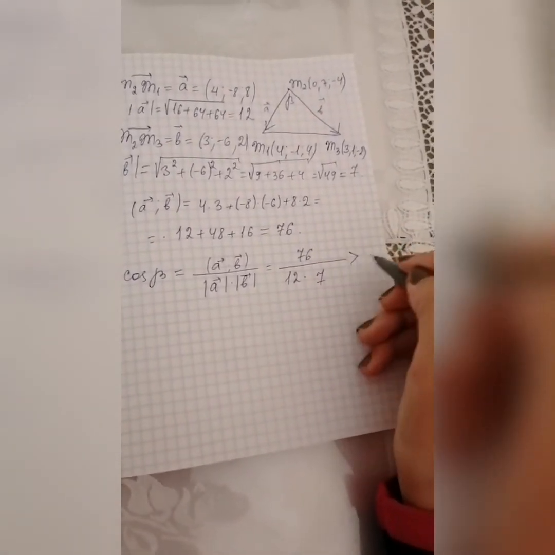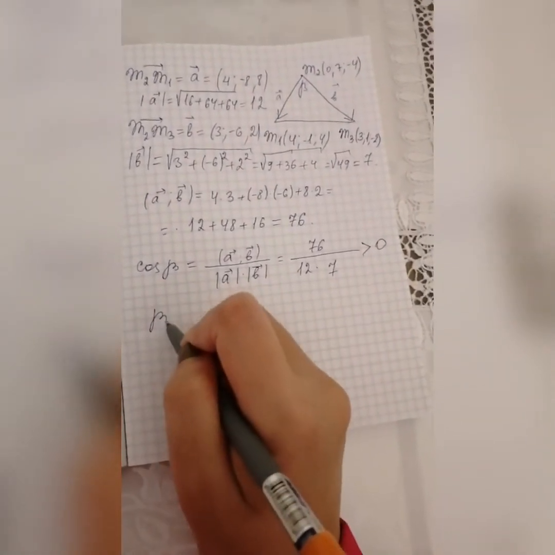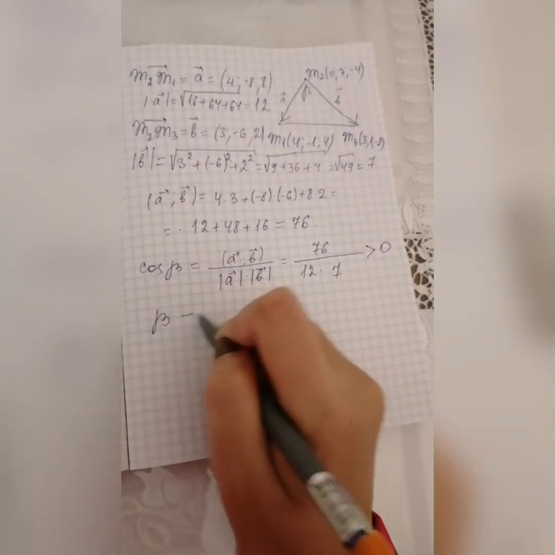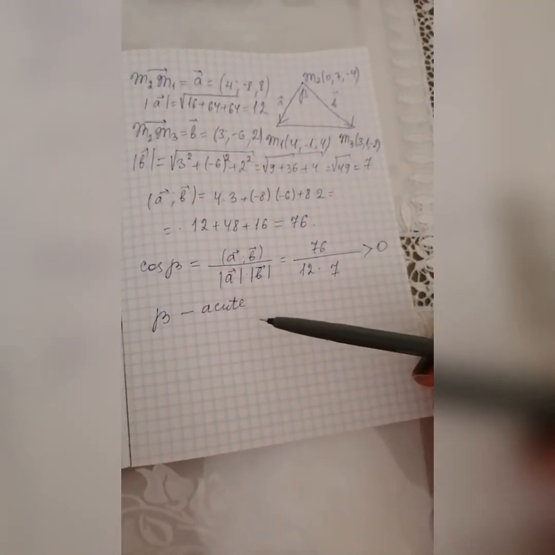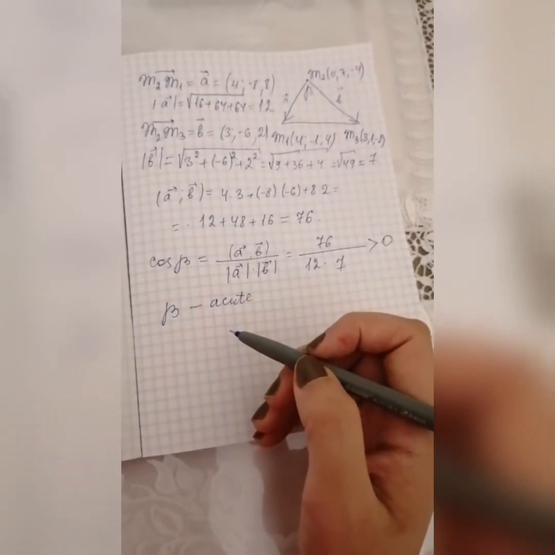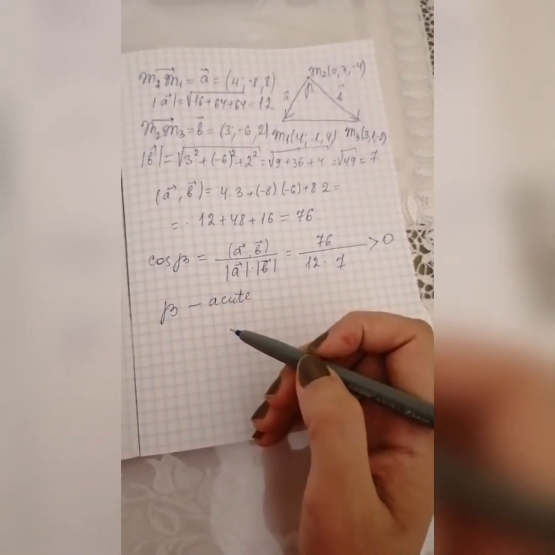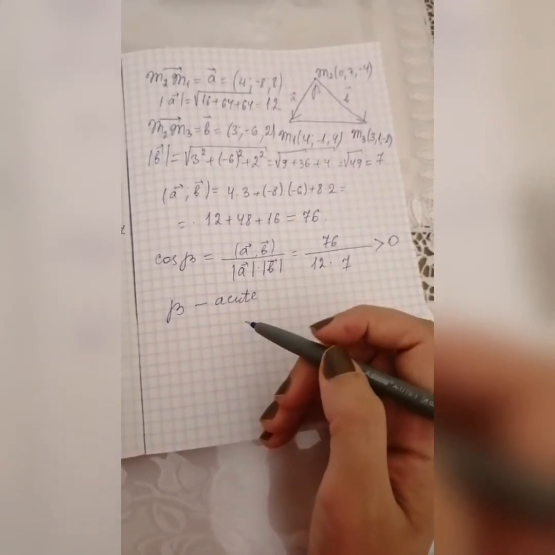This is greater than 0. This means angle B is an acute angle, and an acute angle is an angle with a degree less than 90 degrees. Yes, and we learned that the angle beta is also an acute angle.